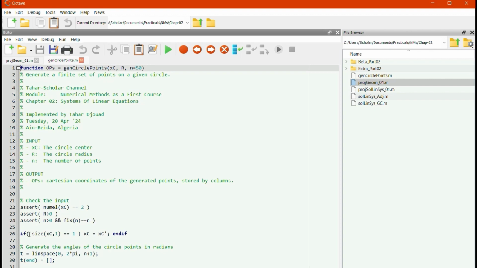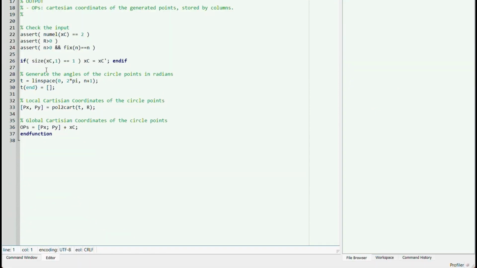And then we check if XC is a row vector. It must be a column vector, but if it is a row vector, we transform it to a column vector, so that the function accepts XC to be row or column, but in the code, it will always be a column vector. So now we implement what we have seen in the notebook setting.